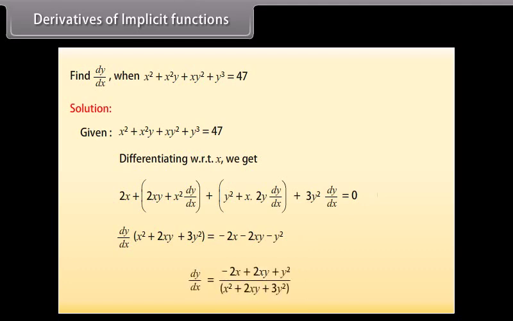Dy by dx is equal to minus of 2 into x plus 2 into x into y plus y square divided by x square plus 2 into x into y plus 3 into y square.